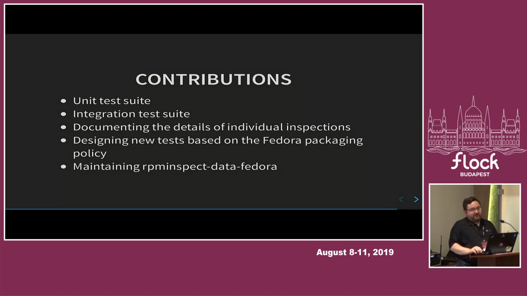I have a goal of implementing the rpmdiff tests that make sense, as well as coming up with a process to take the Fedora packaging policy and get that into a test that is easy to maintain through the data package. So as the packaging policy evolves, we can update the data package, and rpminspect will just pick up all those changes so we can keep things in compliance.